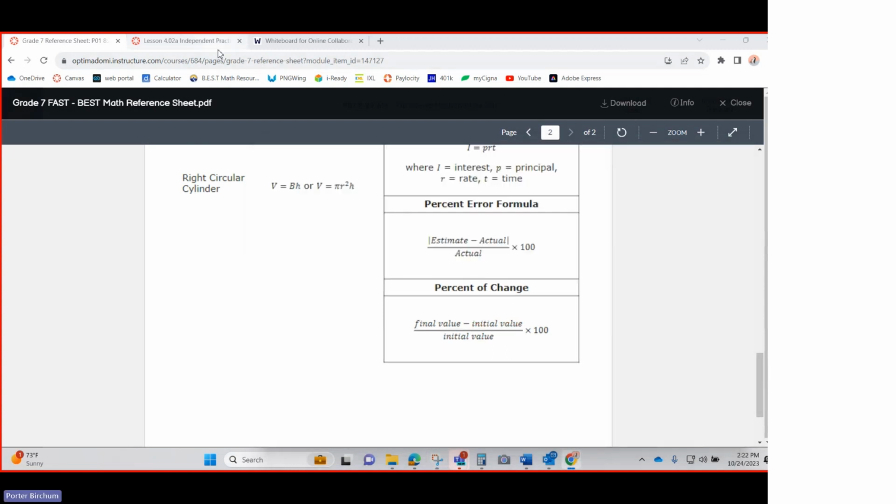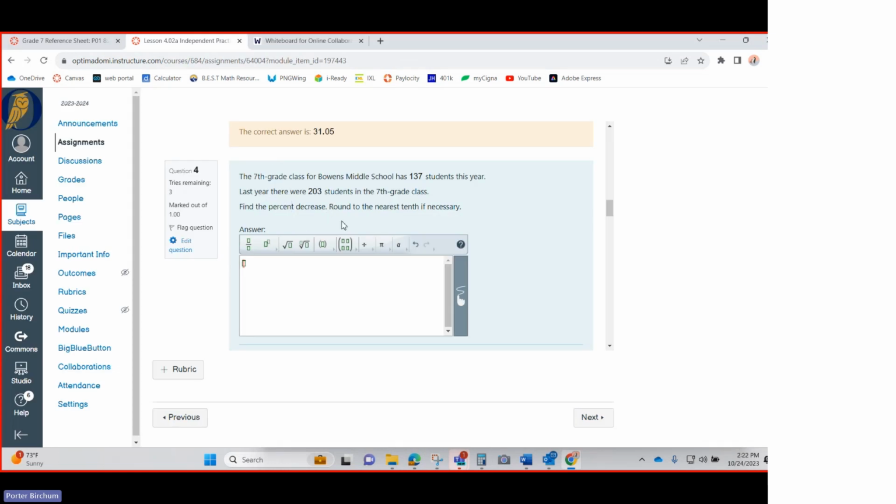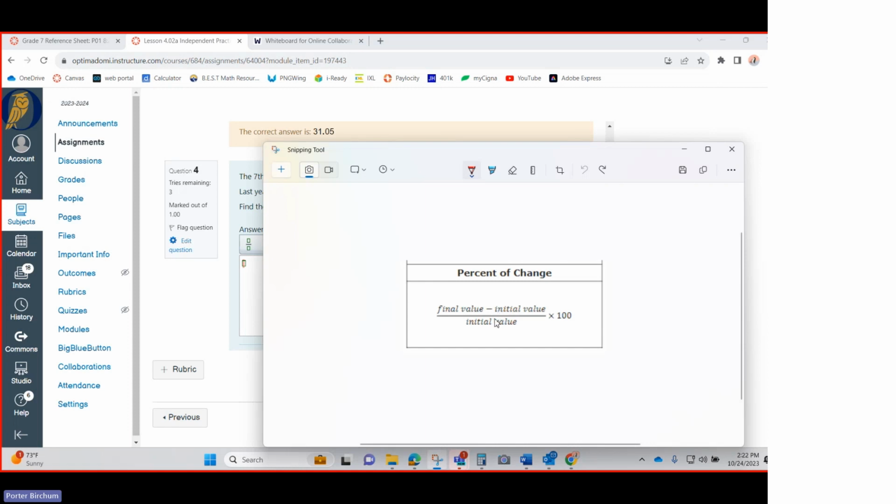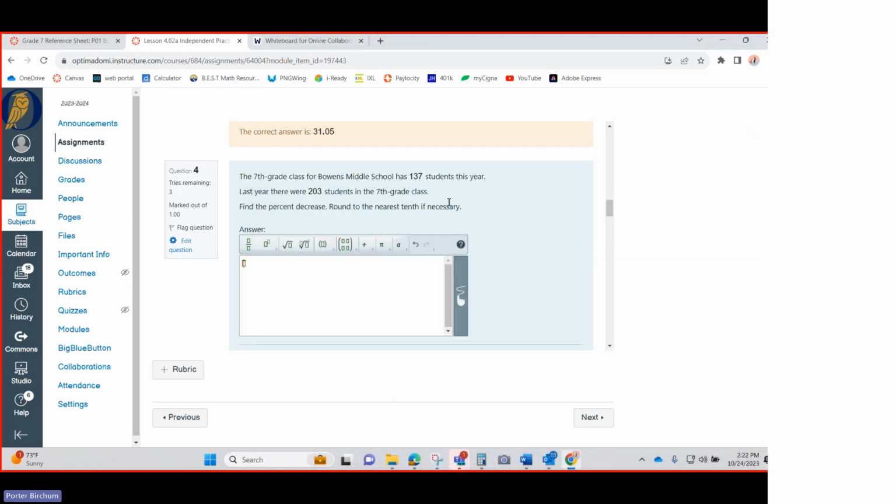Percent change formula. I need the final value and the initial value to use this formula. Final value, initial value. The initial value means the start. Final value means the end. Which number comes first in this story? Nice. Last year, there were 203. That came first because this is this year.